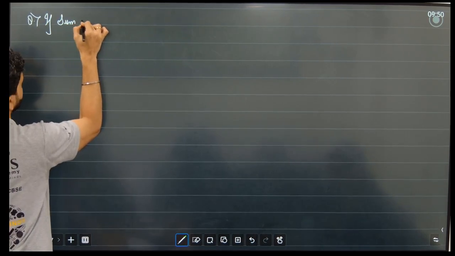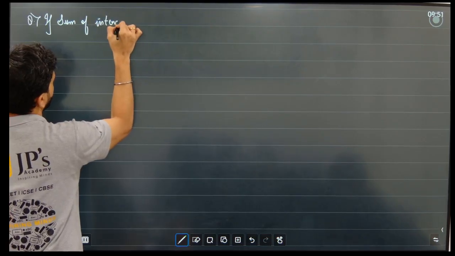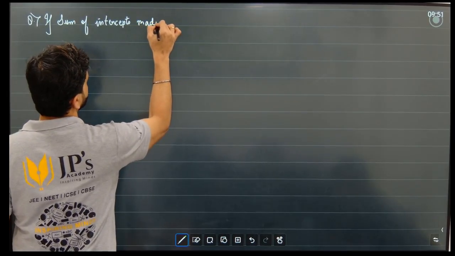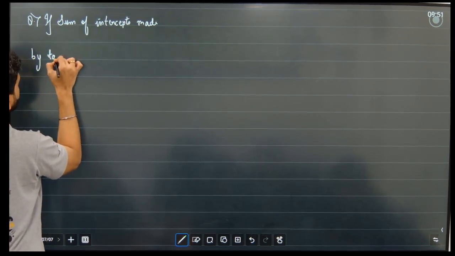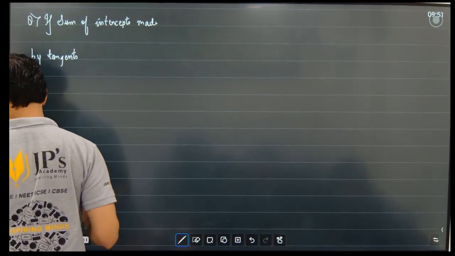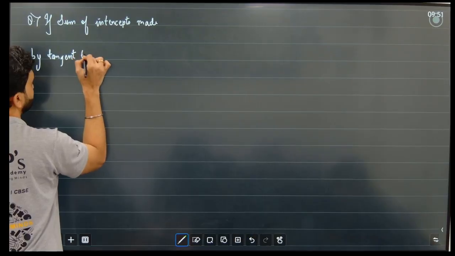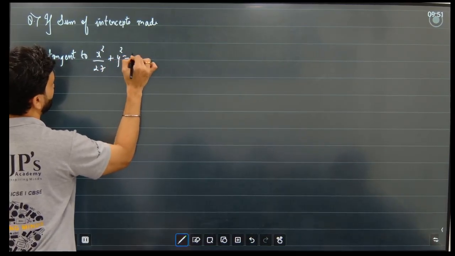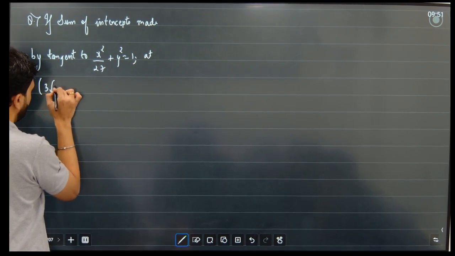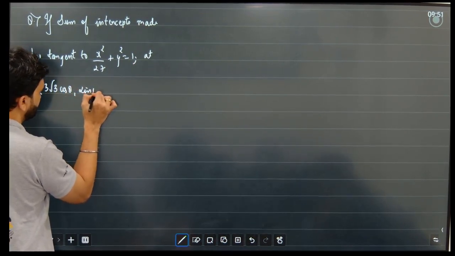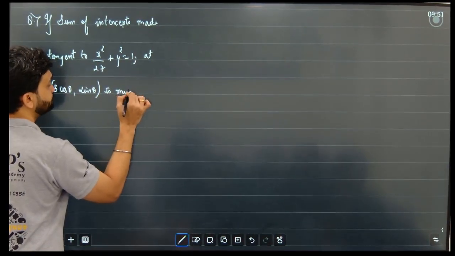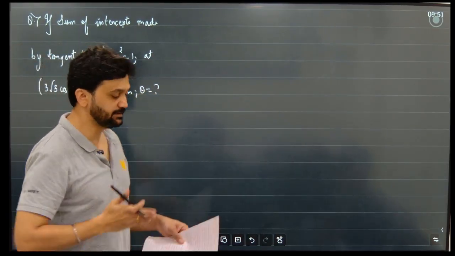If the sum of the intercepts made by the tangents to x square upon 27 plus y square is equal to 1 at (3 root 3 cos theta, sin theta) is minimum, then theta is equal to what?